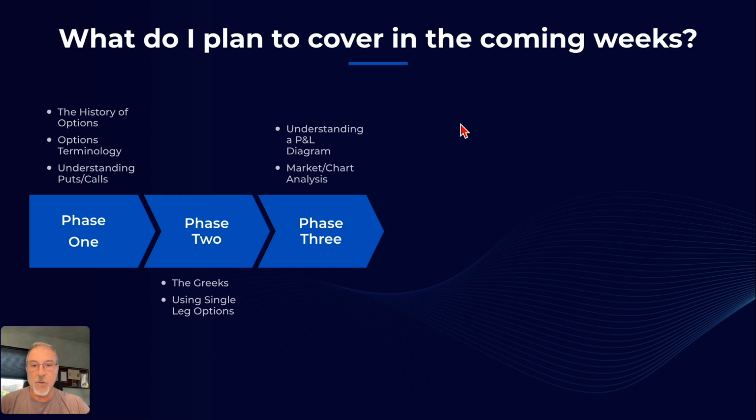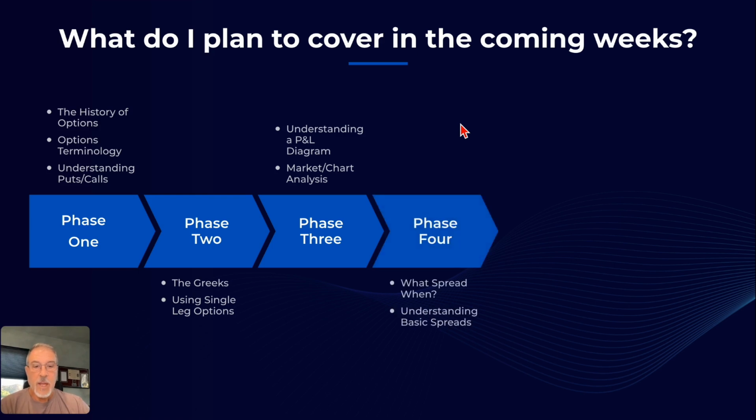Then further down the road, we'll get into understanding a P&L diagram, and a little bit of technical analysis or chart analysis. Then we'll talk about different types of spreads, like bull put spreads and bear call spreads, why a spread over a single option, and understanding the basics of spreads.